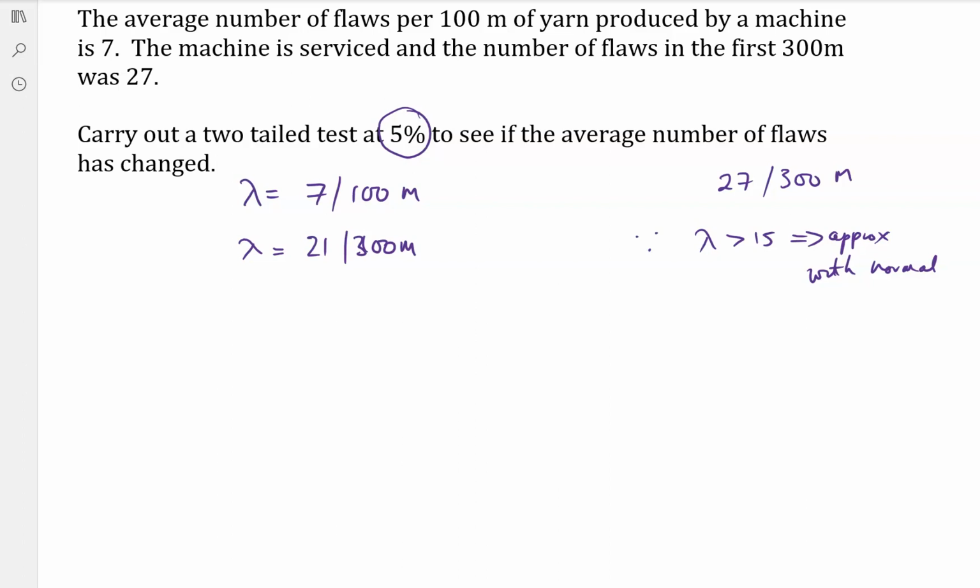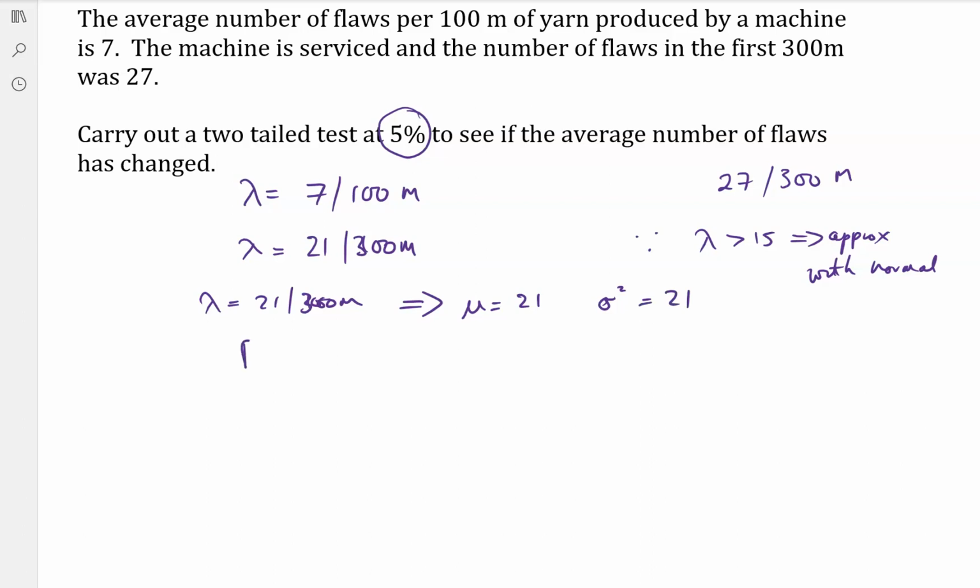So if you remember the approximation of Poisson, if lambda is equal to 21 per 300 meters, then we're going to say our expected value mu is going to be 21, and our variance, sigma squared, is also going to be 21.